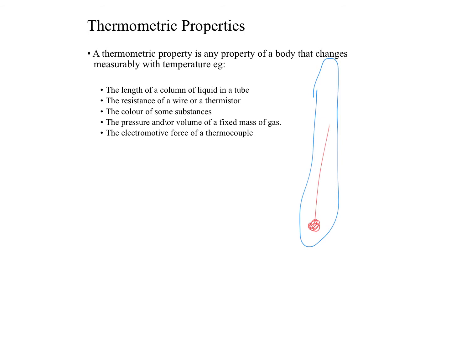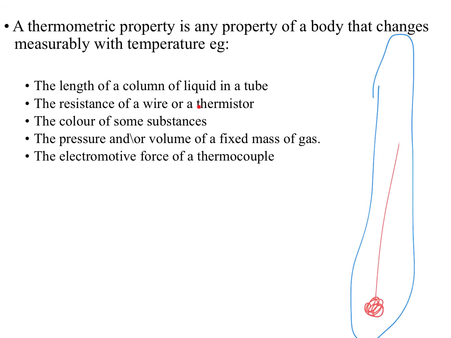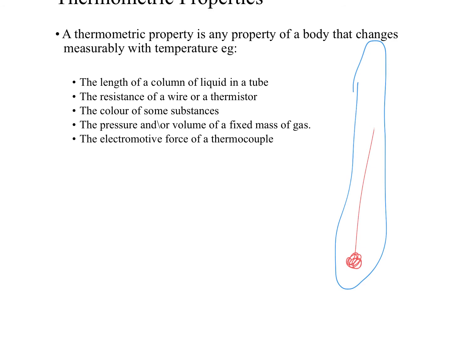That's also true for a piece of equipment called a thermistor, which has a much more noticeable effect. Most of the thermistor's applications are just to measure temperature in an electric circuit. So the color of some substances will change with its temperature. I'm going to show you an example of that in a second, but children's thermometers are a good example of that.